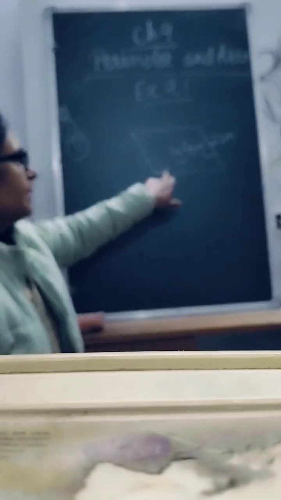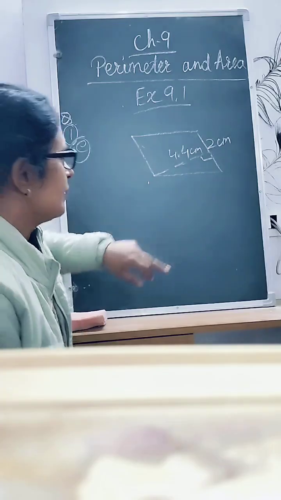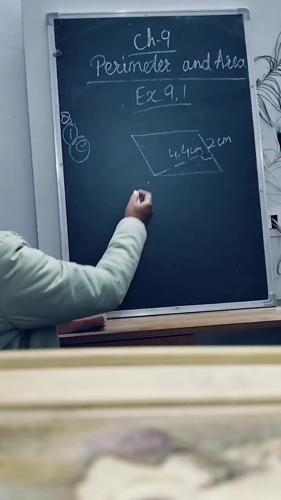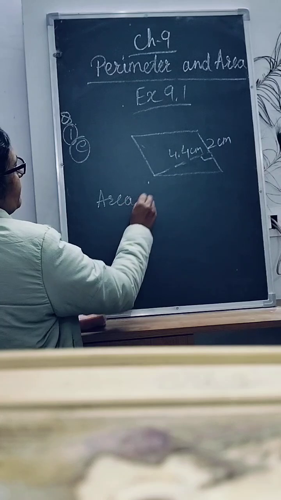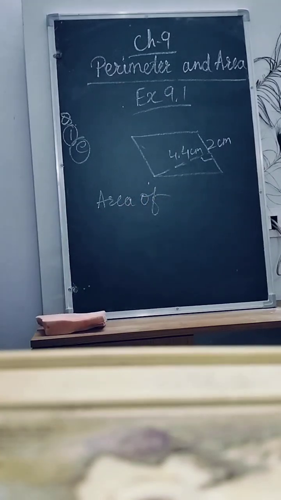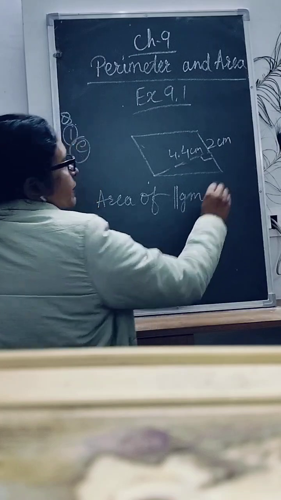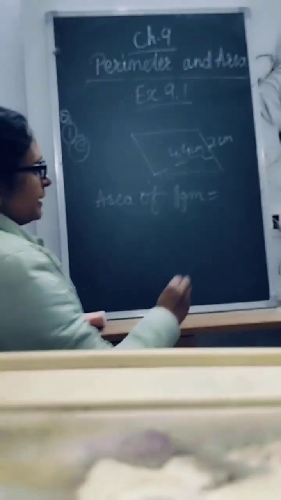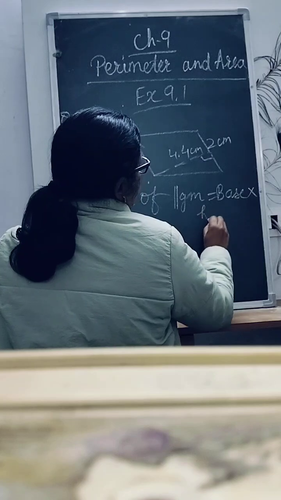Height you can say perpendicular, or you can say altitude, it means the same. Now area of parallelogram, we will apply the same formula: area of parallelogram is equal to base into height.